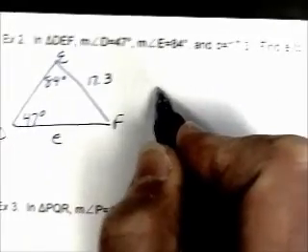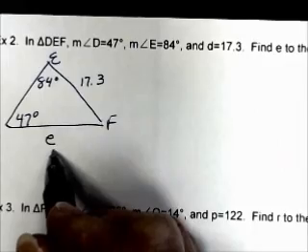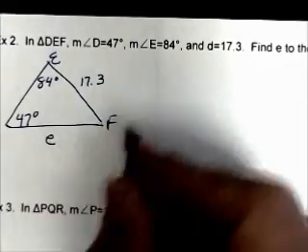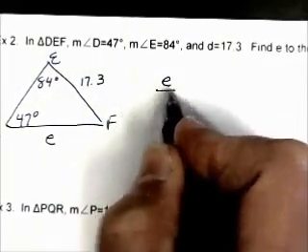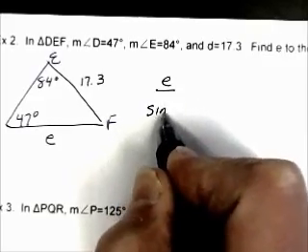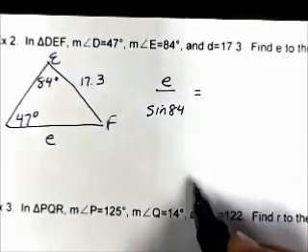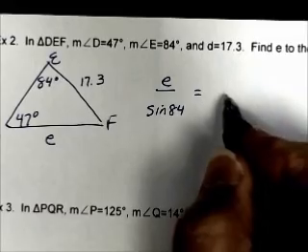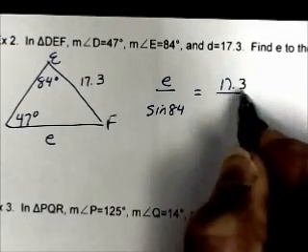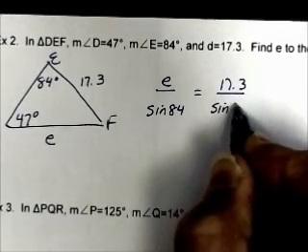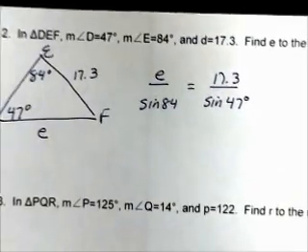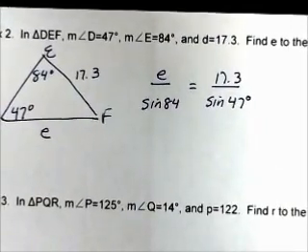So we set up our proportion. The length of the side opposite angle E, lowercase e, is to the sine of 84 as the side 17.3 is to the sine of the angle 47 degrees. Here's our proportion.